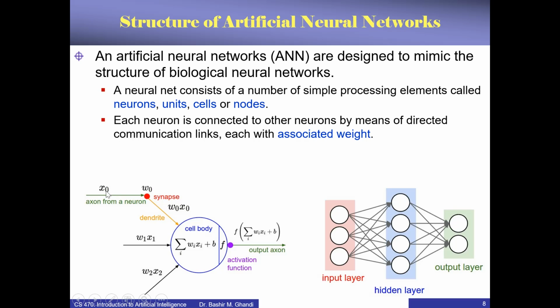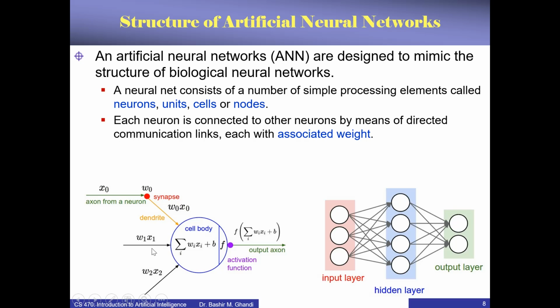Each of these inputs is multiplied by a certain weight, depending on the importance of that information to this cell. So W0, W1, W2 are the weights.